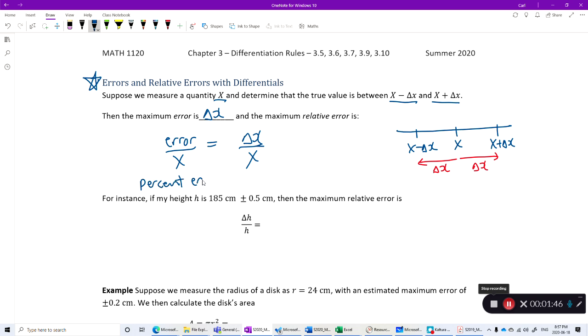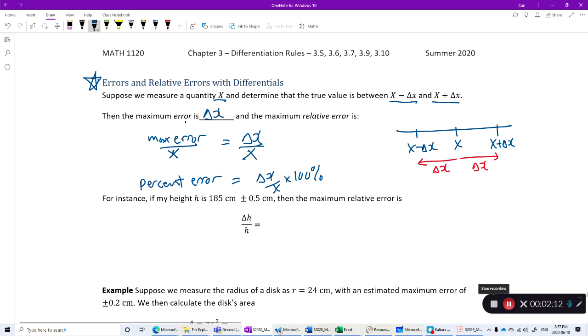The percent error would be delta x over x times 100%. So that would just change it to a percentage. So it's the maximum error divided by x, times 100%.